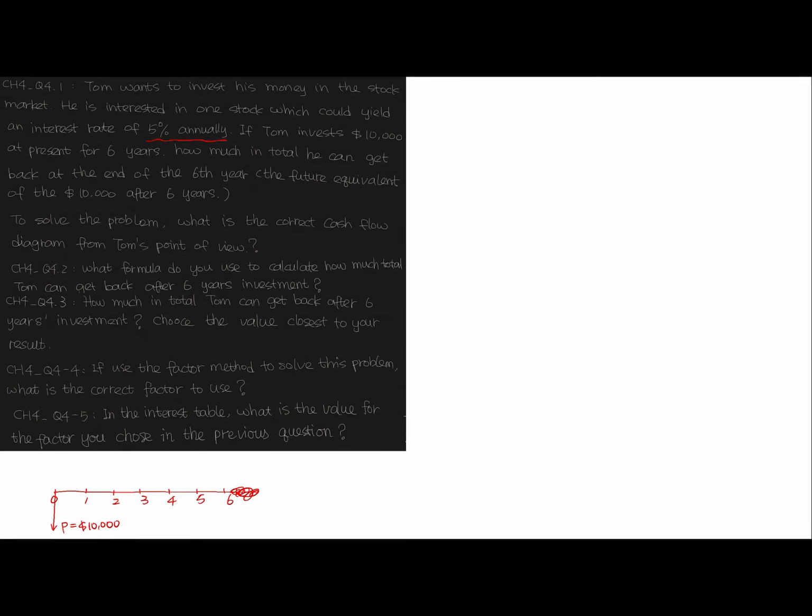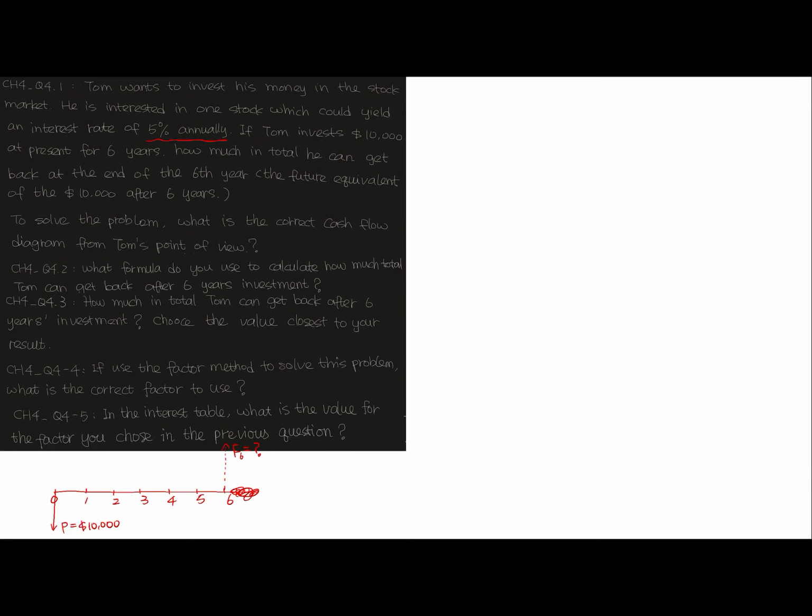At the end of year 6, he wants to sell that stock and he will have some income. So what is the income in total? Because it's unknown, it's a dashed line and it's a future amount. We want to know.